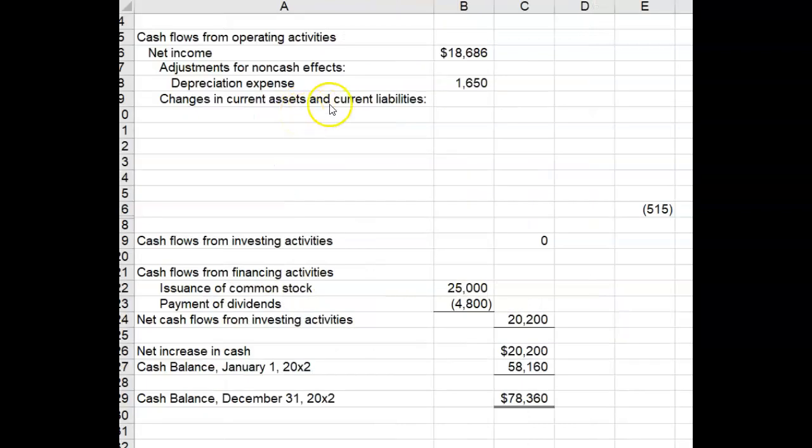Remember that after finishing the cash flows from operating activities section of the statement of cash flows, you should show and calculate a $515 negative cash flows from operating activities. If you calculate a different number, then you made an error somewhere that needs to be fixed. When you are satisfied with your operating activities section, please start the video again to check your work.